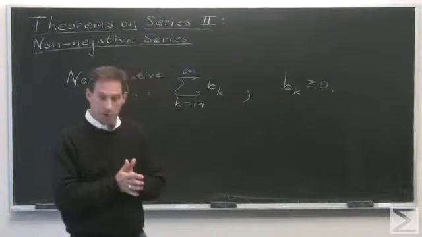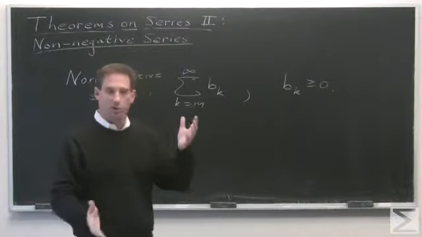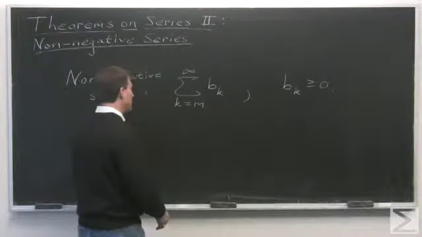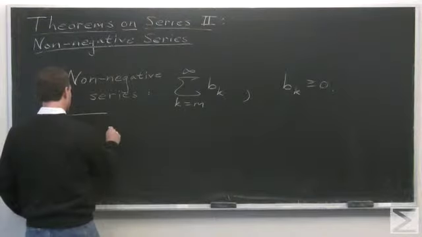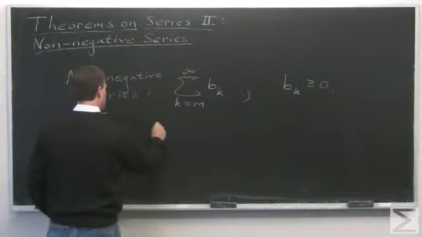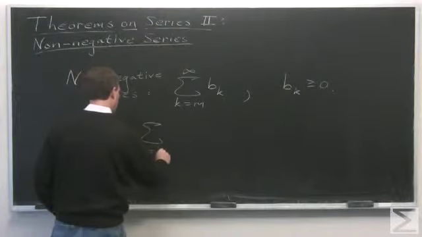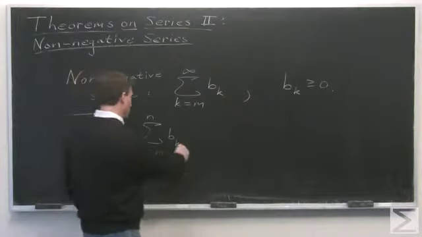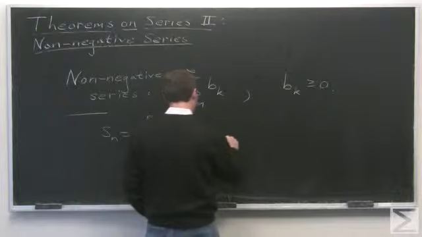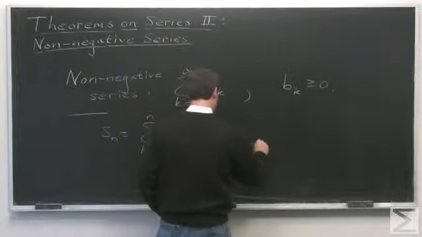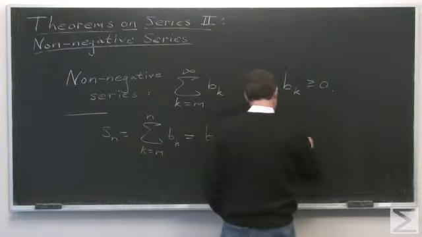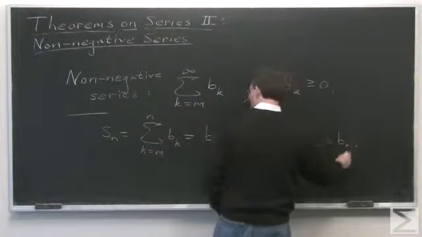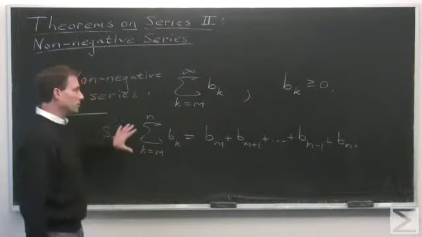Why would non-negative series be easier to deal with than series that involve both positive and negative terms, though? It's for one fundamental reason. If you have a non-negative series and you look at the partial sums, you start at b sub m and you add some terms. And what happens? Here are your partial sums.